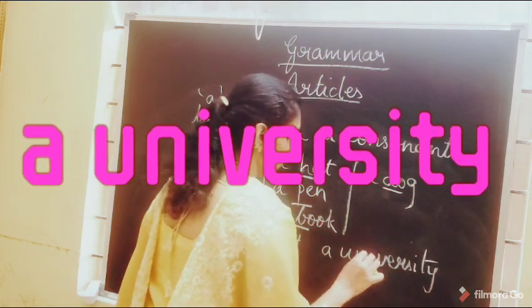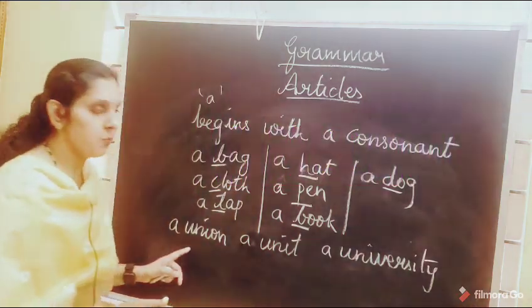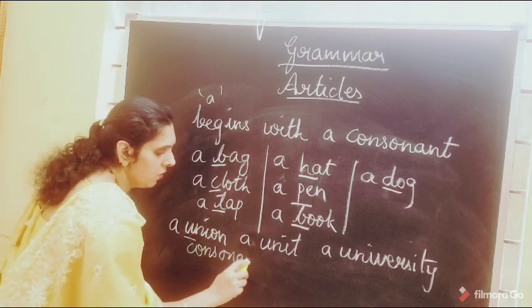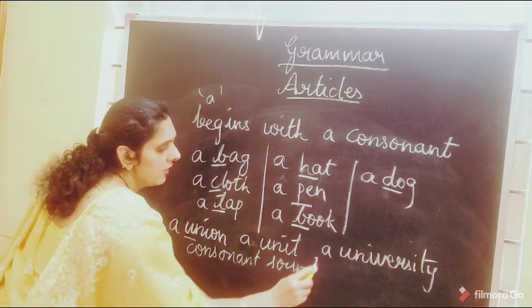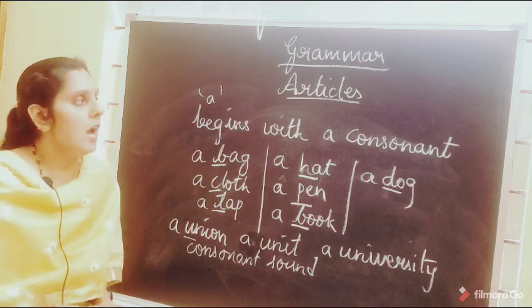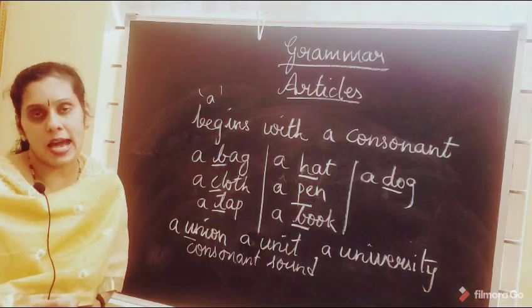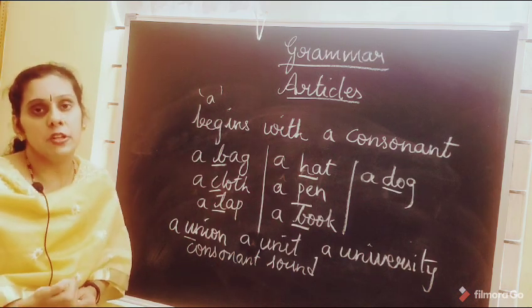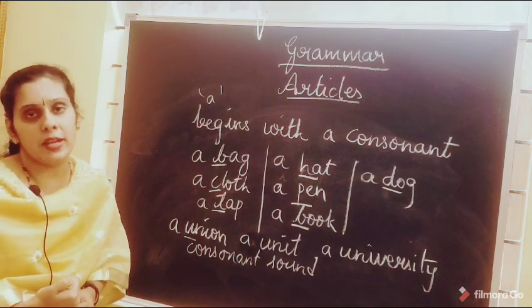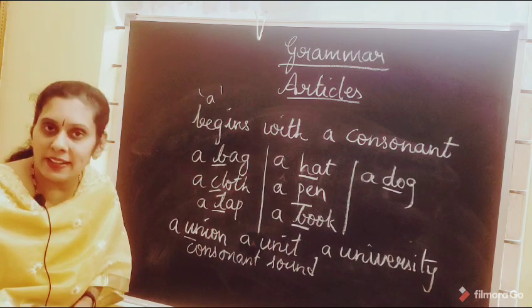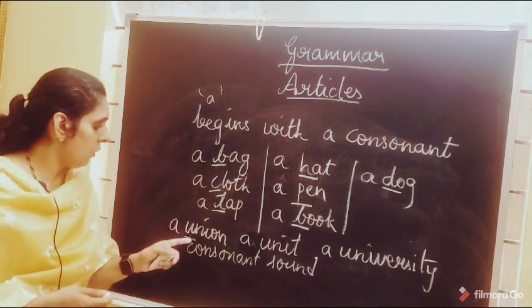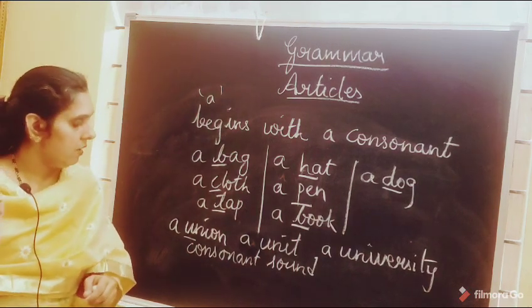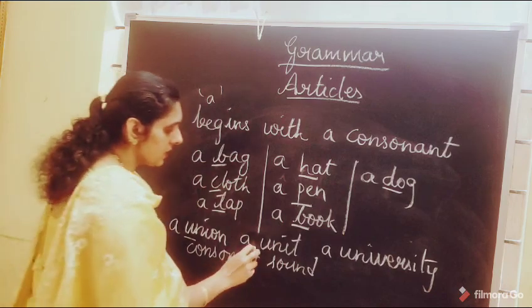Hope you have understood when to use the article a. It should come with singular words, before a singular word which begins with a consonant, and also one which begins with a vowel but gives the consonant sound.